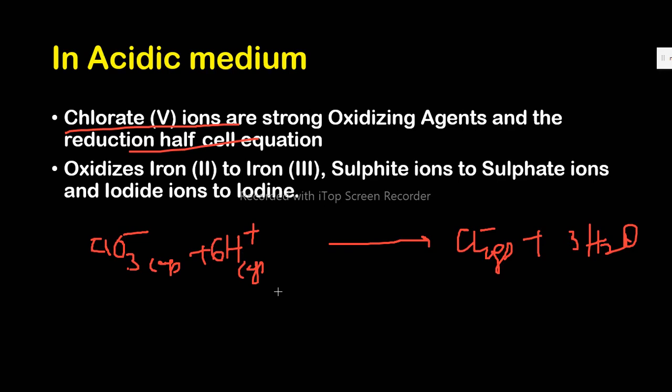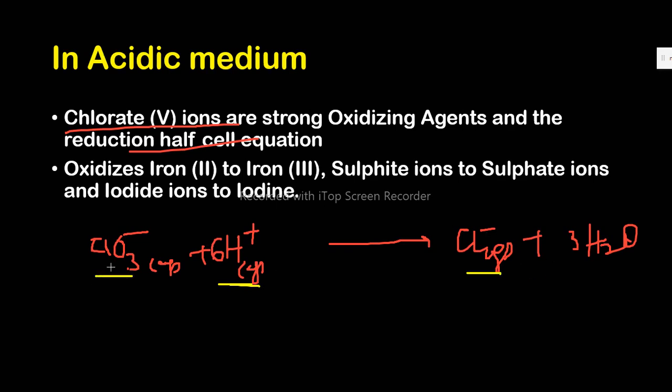Not so? Good. So the equation is balanced, but now what next? They are the charges. So how shall we then balance the charges? This side we have 6 positives, and this side we have 1 negative.